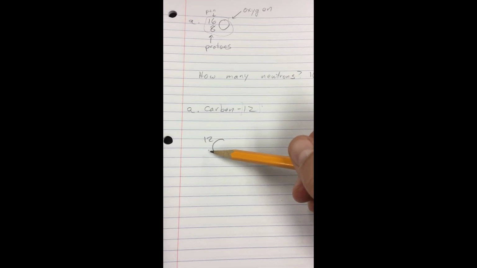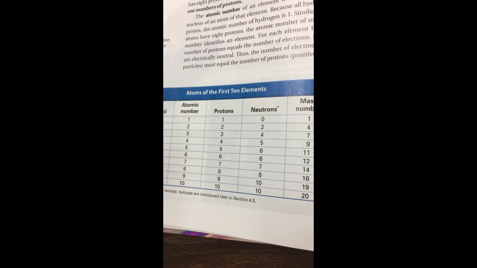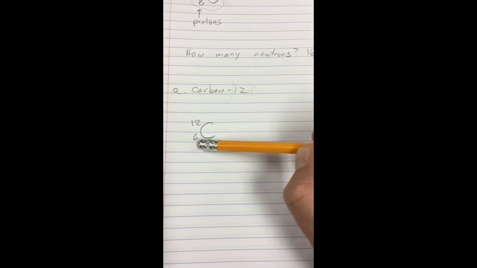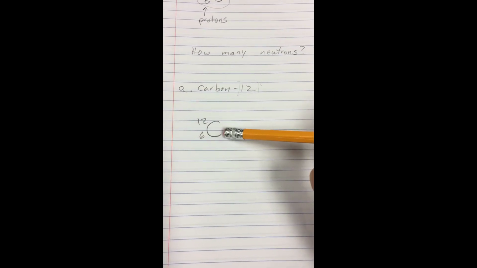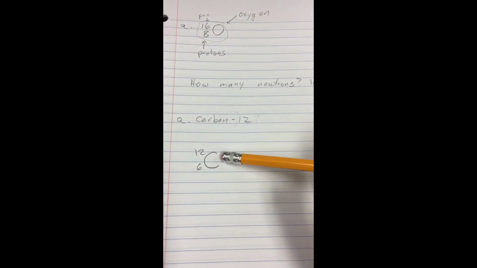So this is always going to be the same. For carbon, if we look here, carbon has 6 protons. So I know what the total mass is, I know what the number of protons are, I know the symbol, and that's the shorthand version for writing carbon 12.